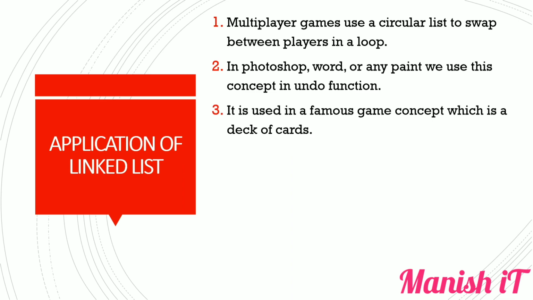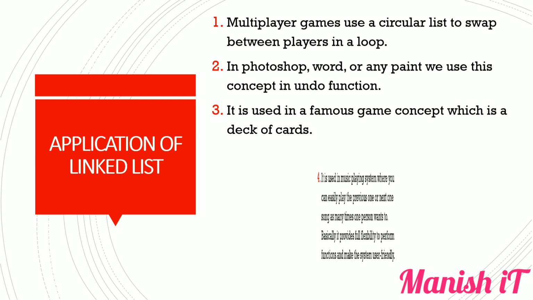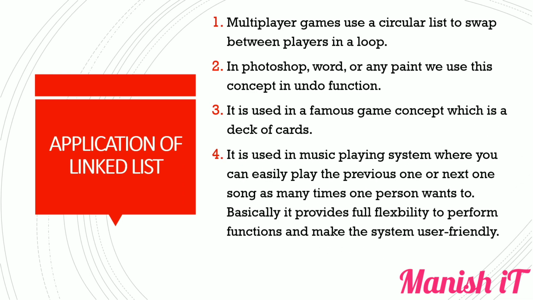It is also used in the famous game concept of a deck of cards. Fourth, it is used in music playing systems where you can easily play the previous or next song as many times as a person wants. Basically, it provides full flexibility to perform functions and makes systems user friendly.